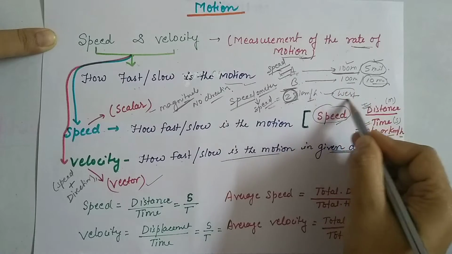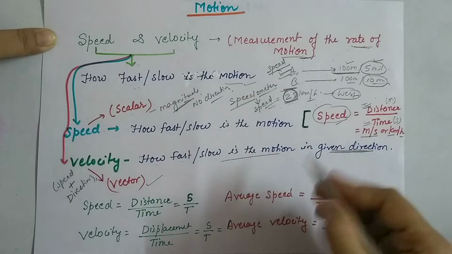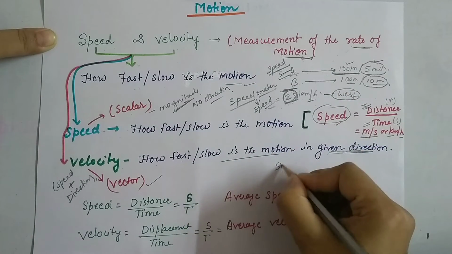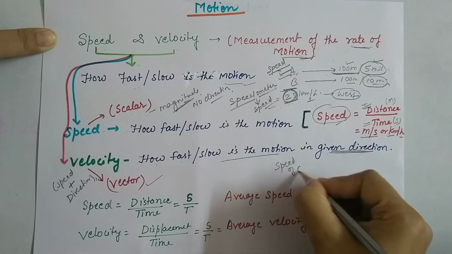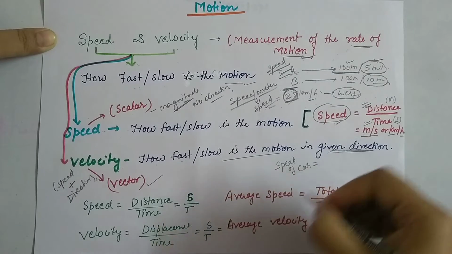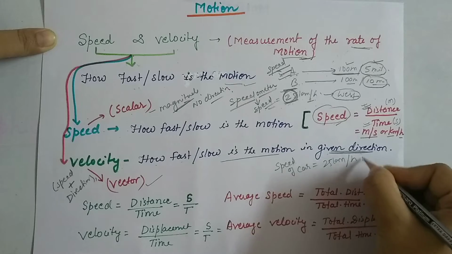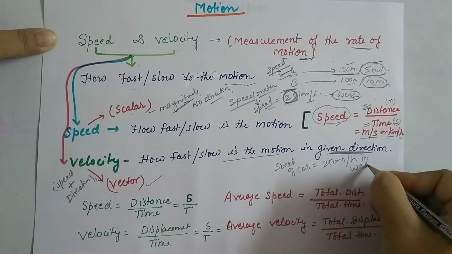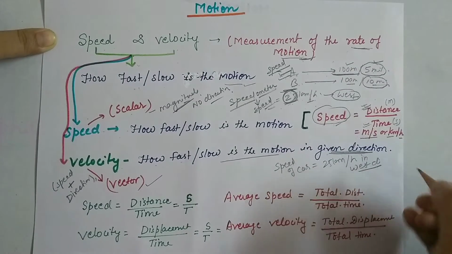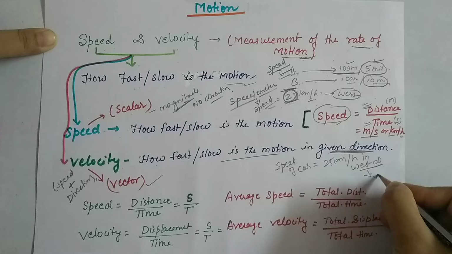Whenever the direction is included, if we say the speed of the car is 25 km per hour in the west direction, it shows the velocity.